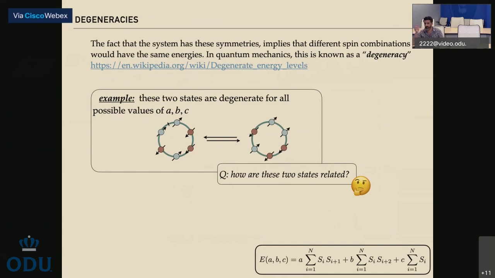And think about it for a little second. You look at these figures, you can try to convince yourself that I can create this state by simply rotating this other state. So I just rotate it by 1. I just move all the spins over by 1. I can create this state.